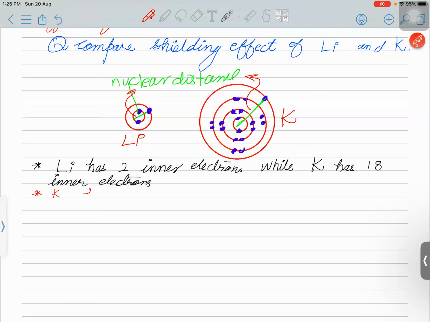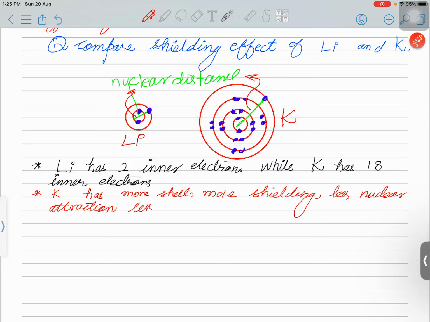Potassium has more shells, more shielding, less nuclear attraction, less ionization energy.